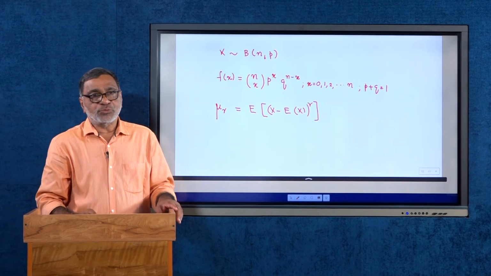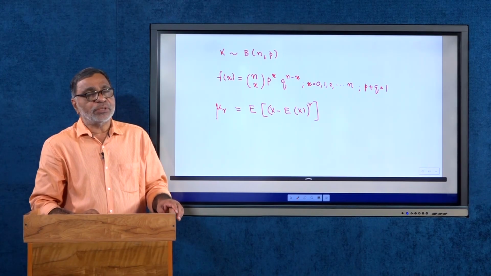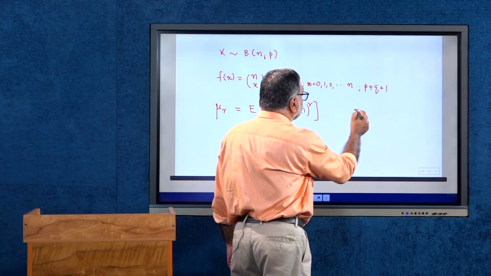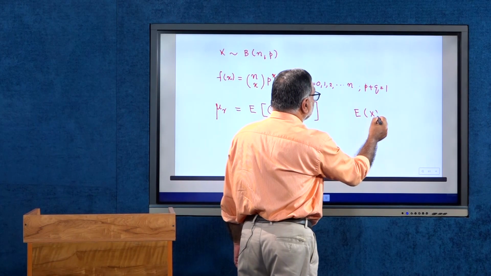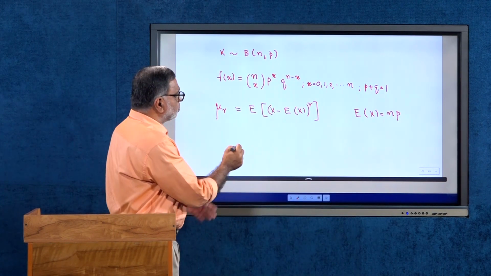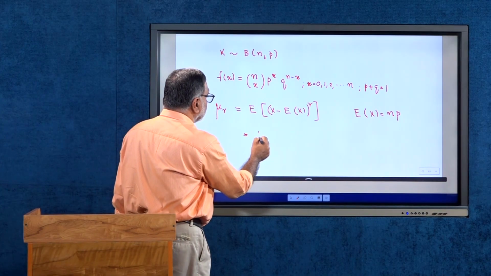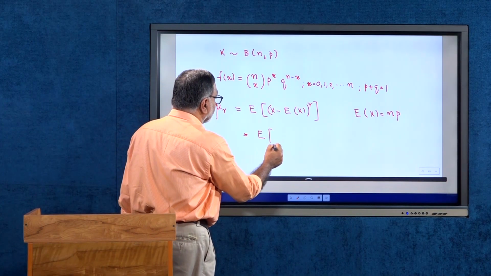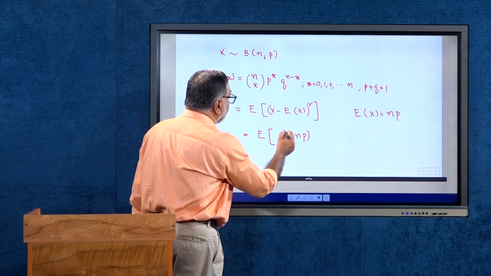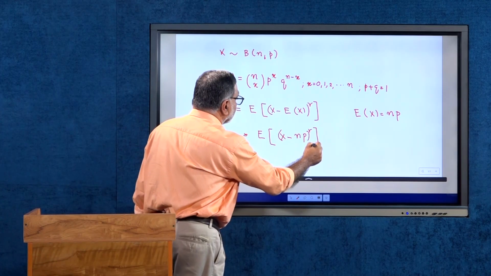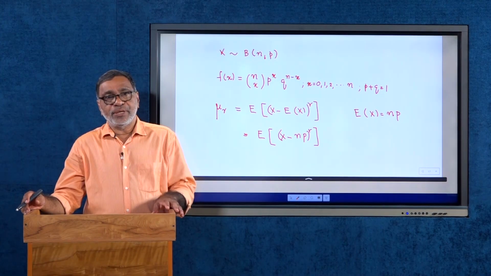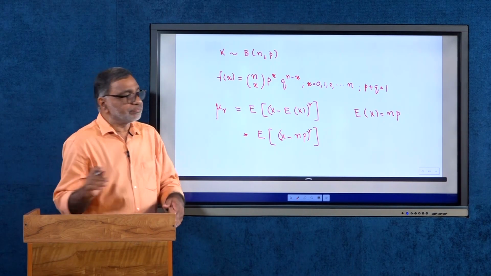And for a binomial distribution, we already established that expectation of X is equal to np. So, substituting this expression here, this is equal to the expectation of X minus np power r. So, mu r is equal to the expectation of X minus np power r.